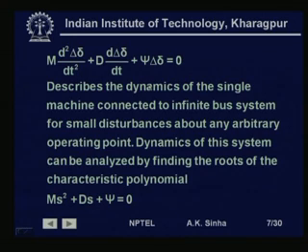So, writing the characteristic polynomial, we get m s square plus d s plus psi is equal to 0, and we can find the roots of this polynomial, which will tell us about the dynamics of the system. This is how we analyze the dynamics of a linear system.